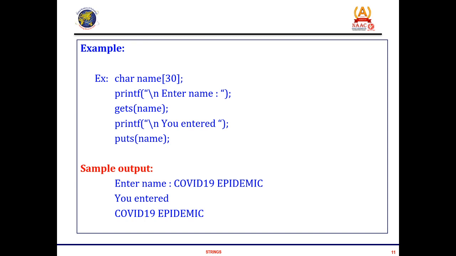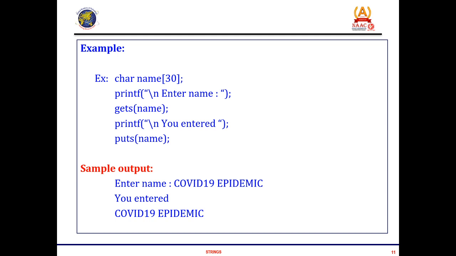Now when you look at this, both the I/O operations which are unformatted, that is gets and puts, are library functions which are a part of your string handling functions. Hence, it becomes extremely important for you as a programmer to ensure that the appropriate header file is included just before the program.